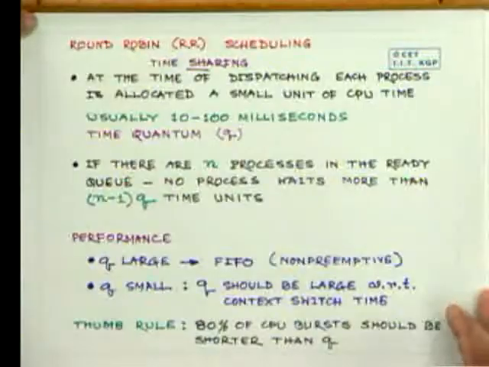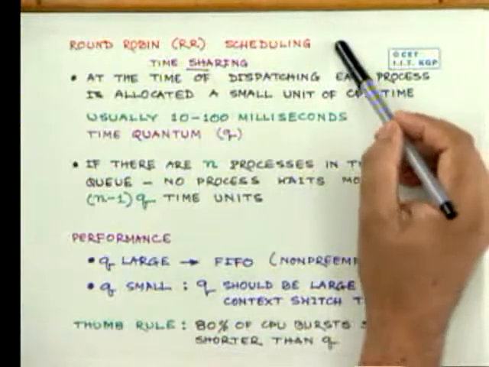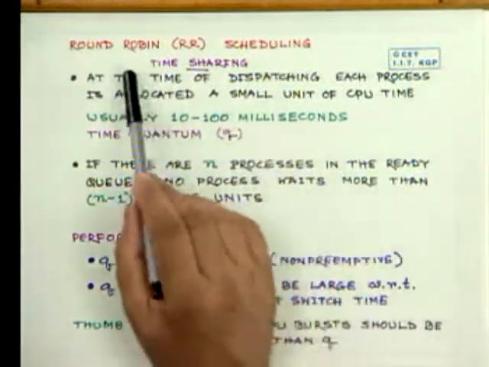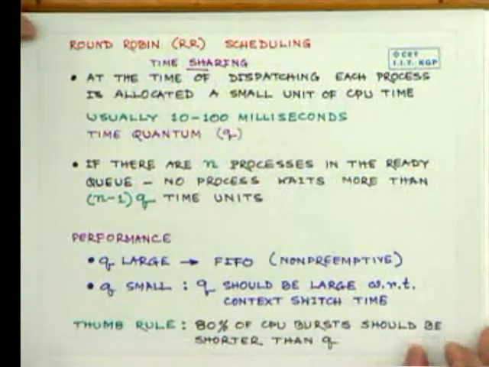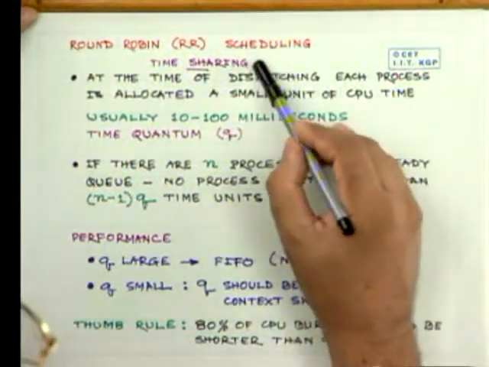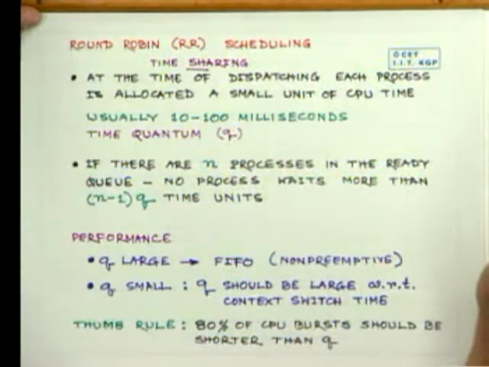Let's come to another scheduling algorithm. We call that round robin scheduling. Okay, in this round robin scheduling, it is used in the case of a time sharing system.